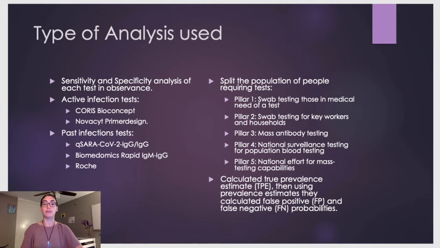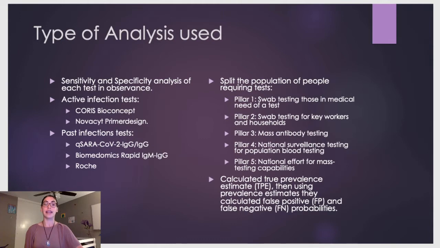Pillar 1, swab testing in PHE labs and NHS hospitals for those with a medical need and the most critical workers and their families. Pillar 2, swab testing for key workers and households. Pillar 3, mass antibody testing to help determine if people have immunity to coronavirus.